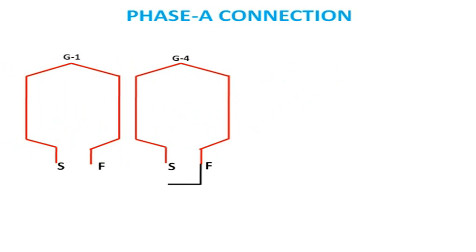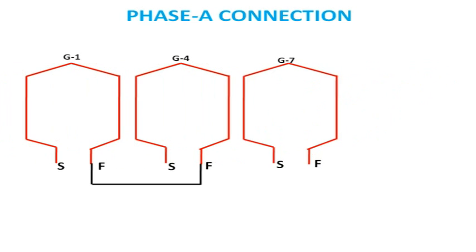In order to demonstrate the connection, we have taken a series connection demonstration. First, we will do the phase connection. As we have discussed, for series connection, the finish of the first coil group will be connected to the finish of the fourth coil group, after a 2 coil gap.